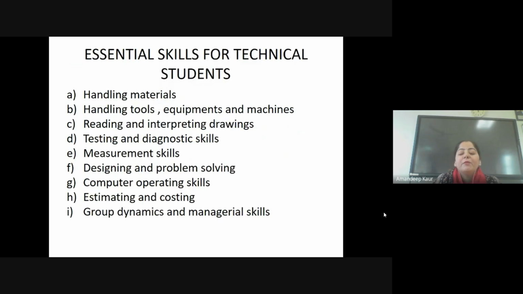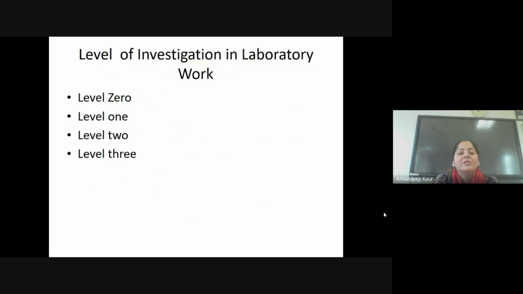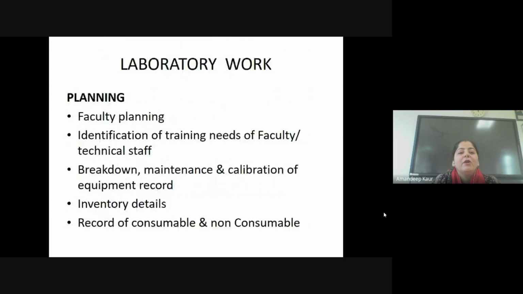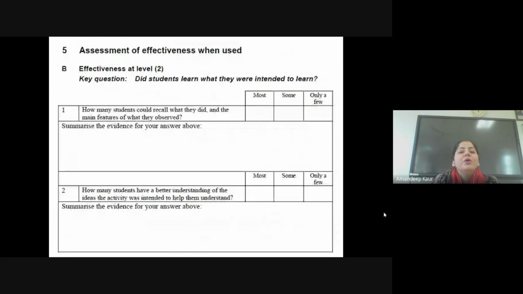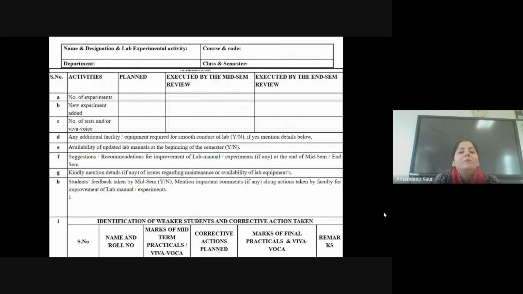When it comes to the process assessment, for example, if we take a laboratory environment, when it comes to the planning of the practical work, we note the name and designation, laboratory experimental activity, course code, department or class and semester.